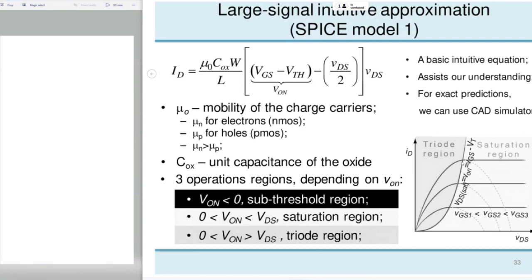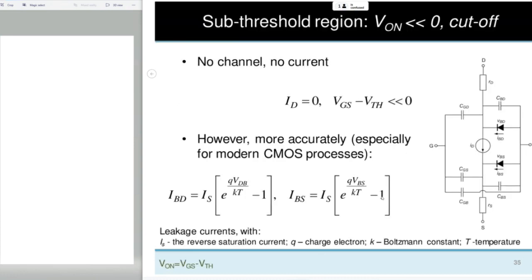In saturation region, we lose this dependence, and the current saturates. This has to do, from semiconductor physics, with the pinch off of the channel. We will have a chance to rediscuss this in the following slides. If V on voltage is much smaller than 0, you're in cutoff region.